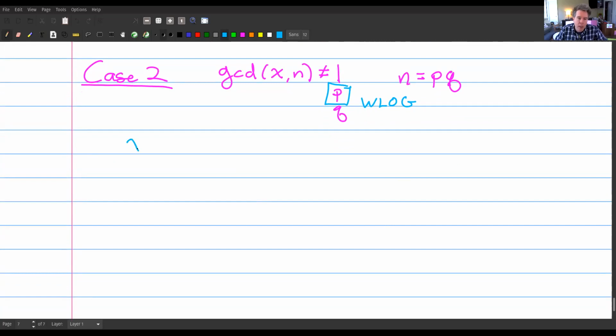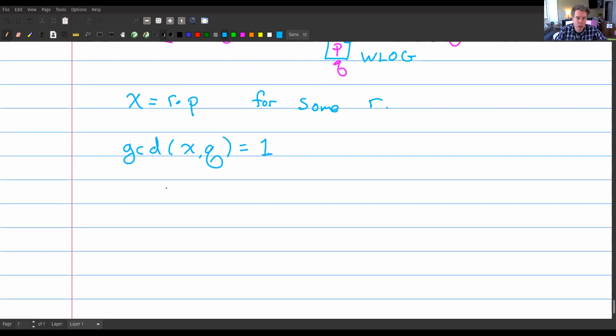So what does that mean? That means x is equal to r times p for some r. Okay, and so in this case, the GCD of x and q is going to be equal to 1, because x has nothing to do with q.